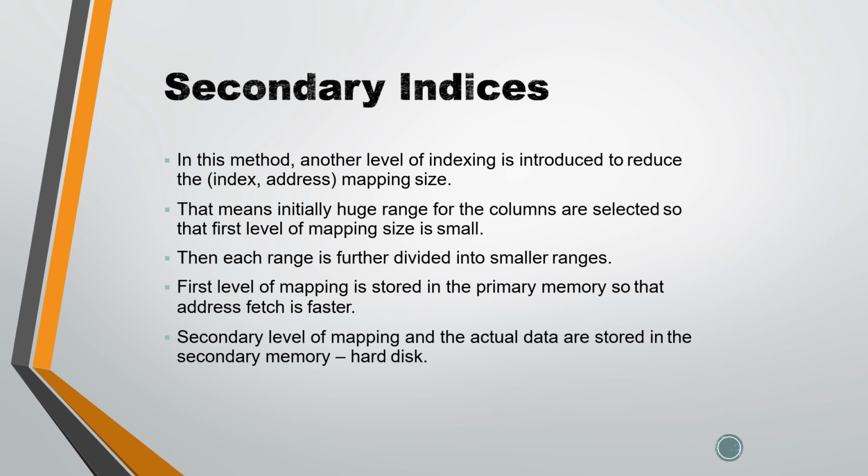That means initially a huge range of columns are selected so that the first level of mapping size is small. Then each range is further divided into smaller ranges. The first level of mapping is stored in the primary memory so that address fetch is faster. The secondary level of mapping and the actual data are stored in the secondary memory, that is the hard disk.